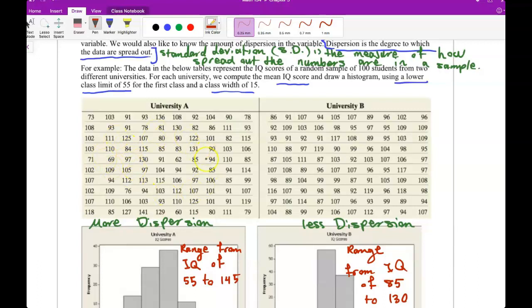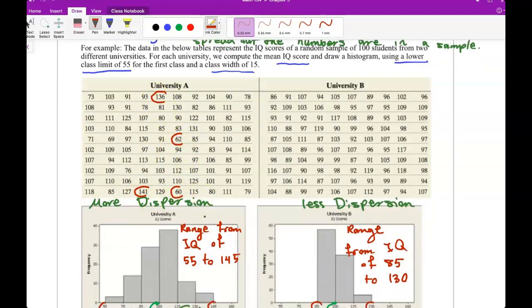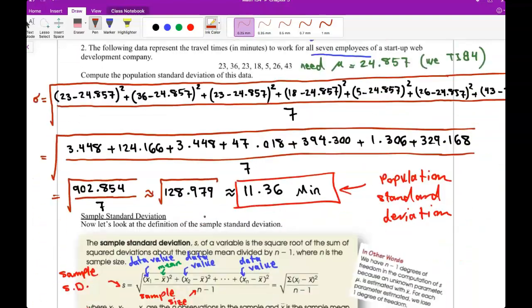We have many numbers here, so instead I want to see what numbers are not between these two. Those are 136, 62, 141, and 60. So these 4 numbers are not between those 2 given numbers.